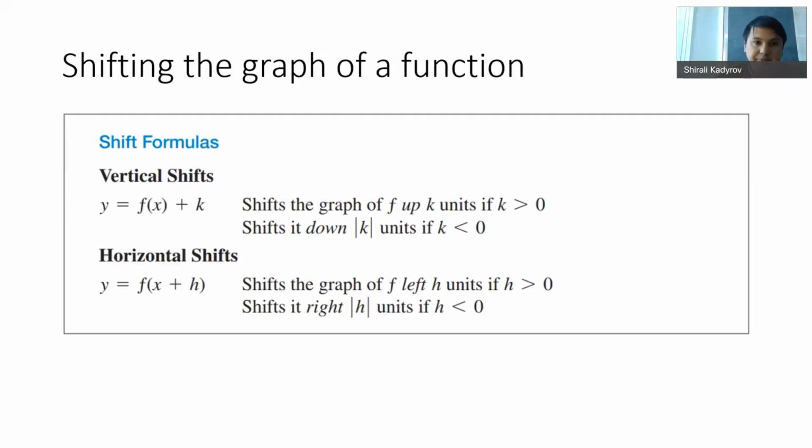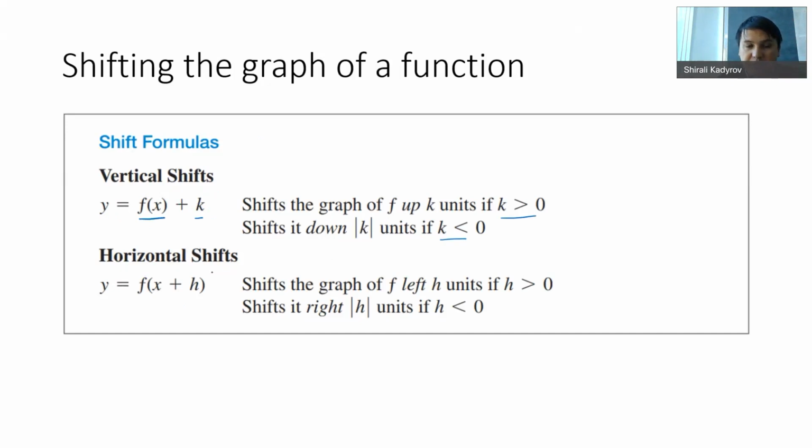So here are the effects. Vertical shift: you have a function f of x. If you add some constant k, and the constant k is positive, then this means you are moving the graph up. If it's negative, then it means you're moving the graph down by k units, okay?